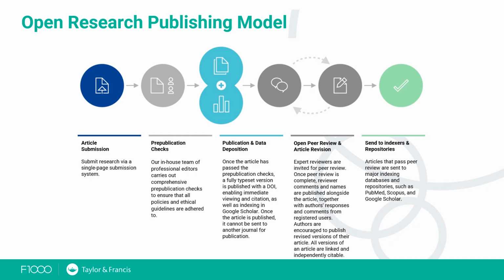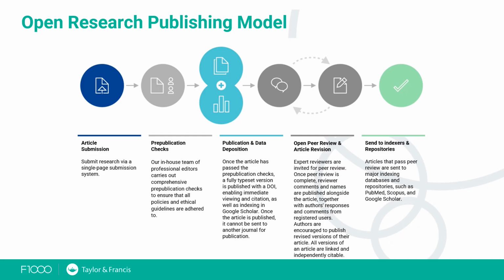Once you submit your article and you've filled in all the required elements, again, which we'll come back to, our team of in-house editorial staff will oversee a process involving desk editors that will check all of the components that you've submitted against our publishing policies and our ethics policies, which are available on our platform. And we'll be screening that content to make sure there's no evidence of misconduct and that it meets the requirements for publication, again, which we'll look at in a minute.